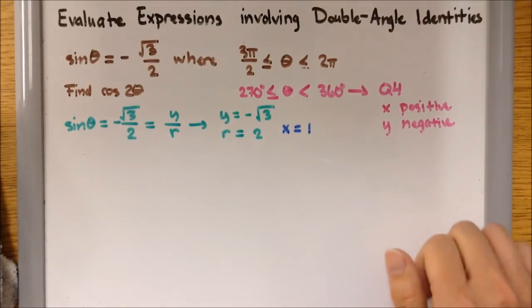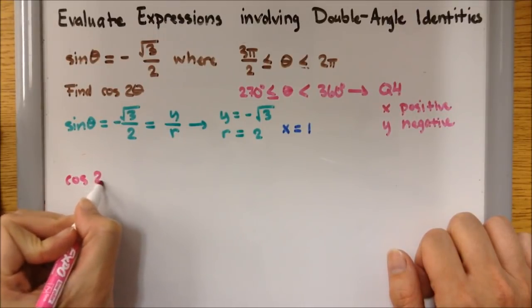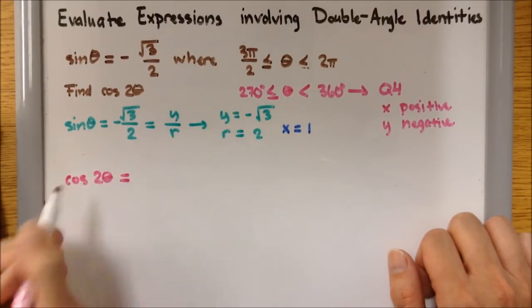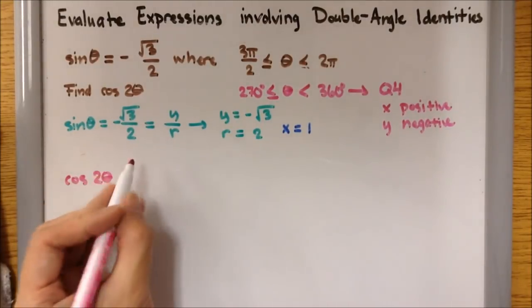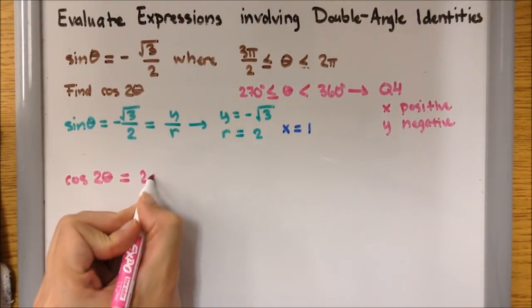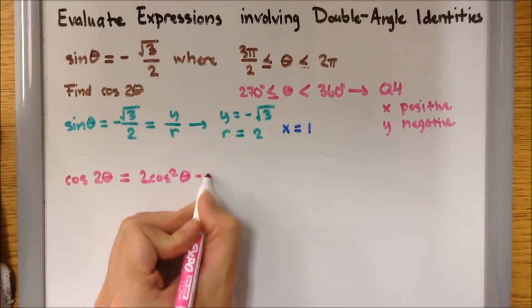Alright, so for cosine of 2 theta, I'm going to use the second identity for cosine 2 theta, which is 2 cosine squared theta minus 1.